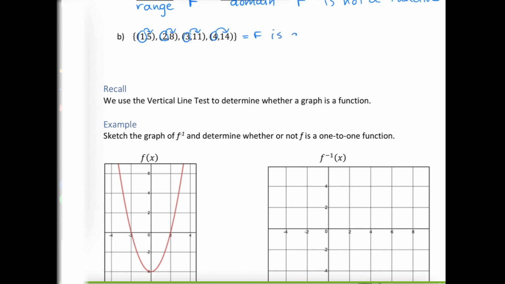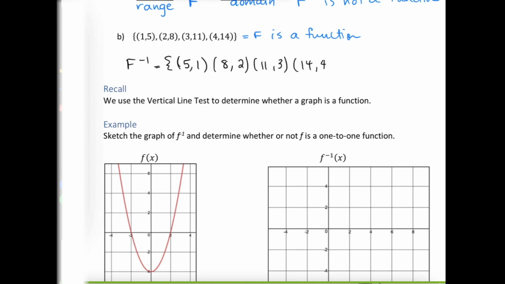So let's say yes, f is a function. Let's then determine what the inverse function is. We get the inverse by switching each of those x and y values. So the inverse relationship is going to be 5 goes to 1, switch the x's and the y's, 8 goes to 2, 11 goes to 3, 14 goes to 4.